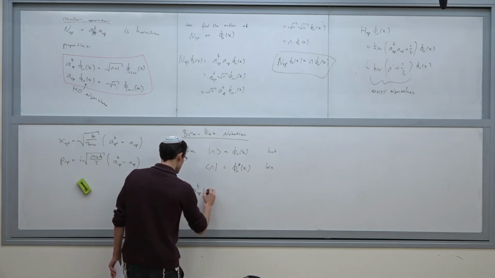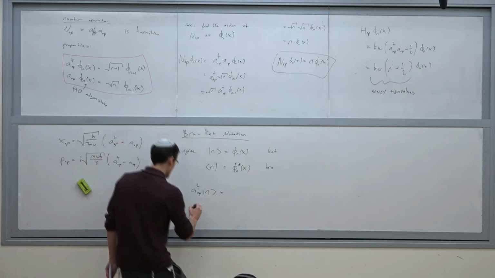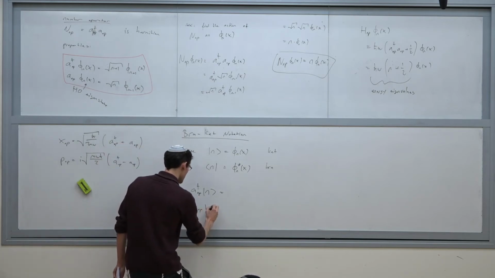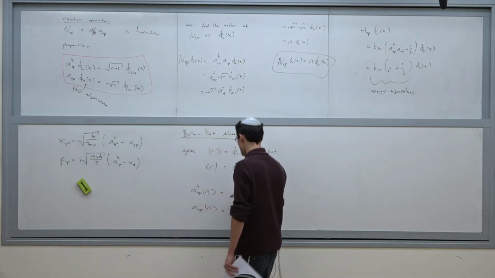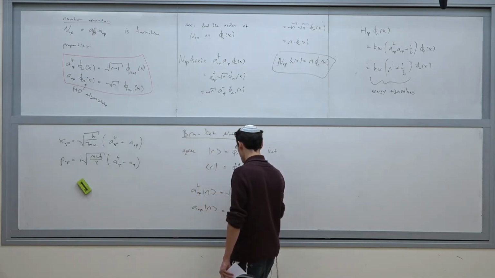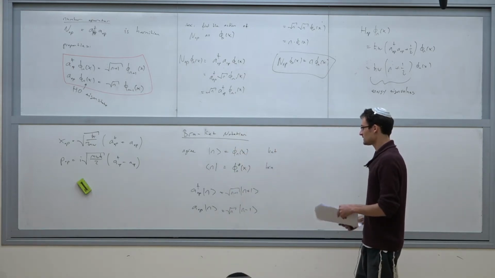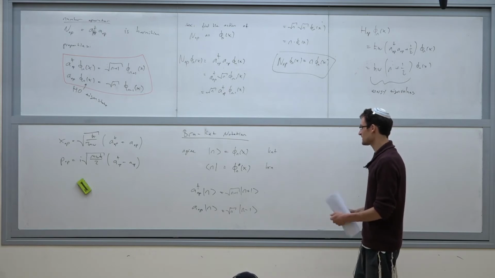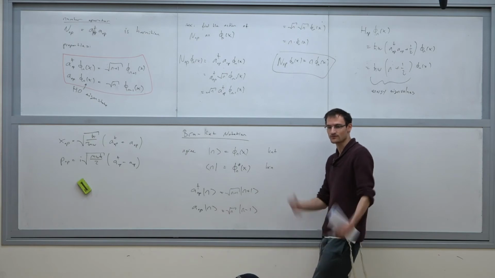There's nothing to it. It is now much easier to write the way A and A dagger act on the eigenstates. We can now just write that A dagger acting on n is root n plus 1 times the n plus 1 state, and A acting on n is root n times the n minus 1 state. The strength of this notation is that I no longer have to write phi n of x or phi n of p.